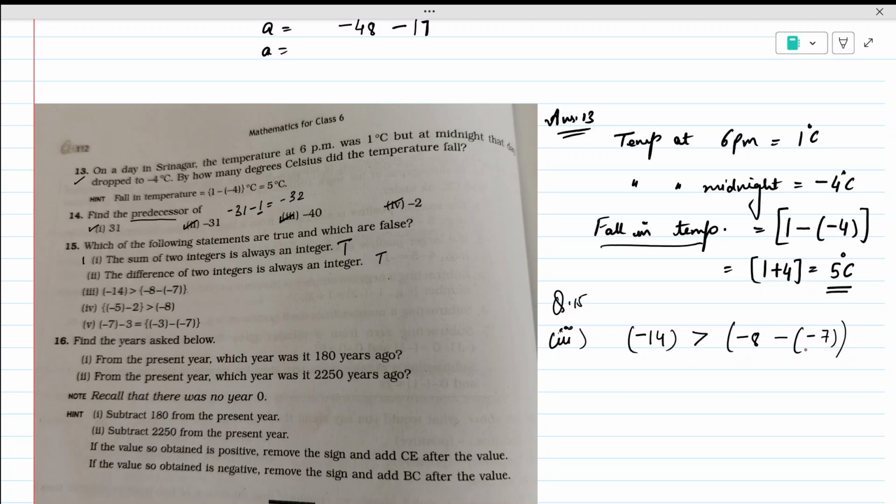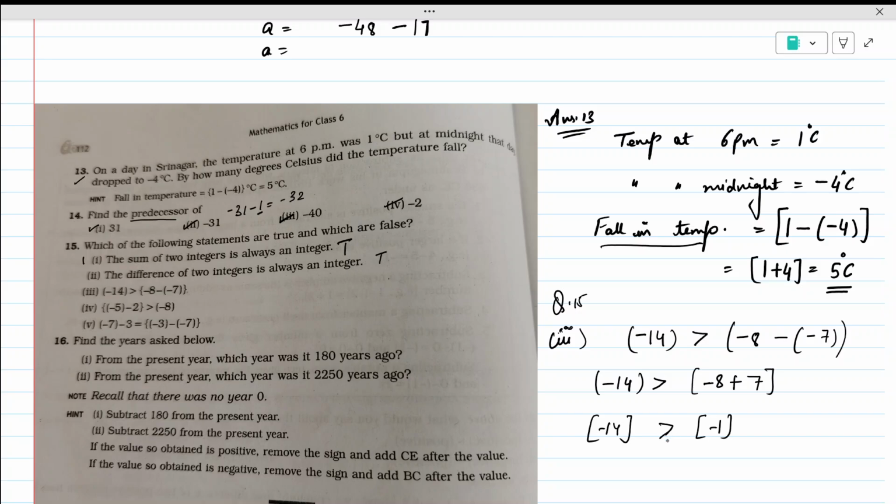You have to do the calculations within the bracket. So we will keep minus 14 as is, this sign as is, and we will solve this expression. This is minus 8 first, and then minus into minus is plus. So minus 8 plus 7 will give us minus 1, right? So the question is: minus 14 is greater than minus 1.